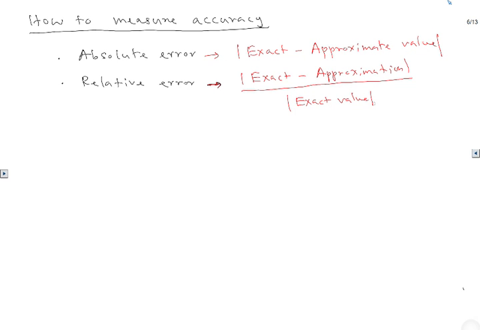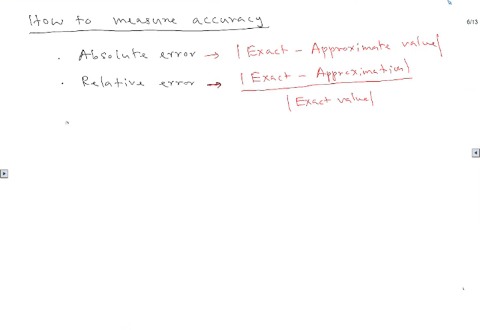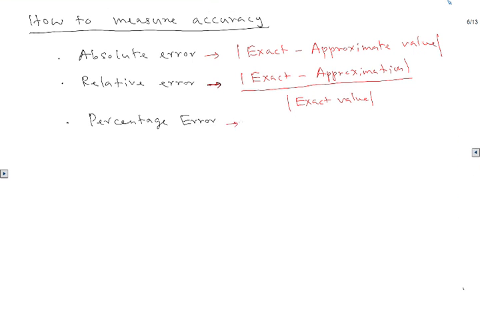And then also we have a third one, what we call the percentage error. That's the most common one we use, the percentage error. So what's the percentage error? We calculate the same thing as the previous step, and then we multiply by 100.